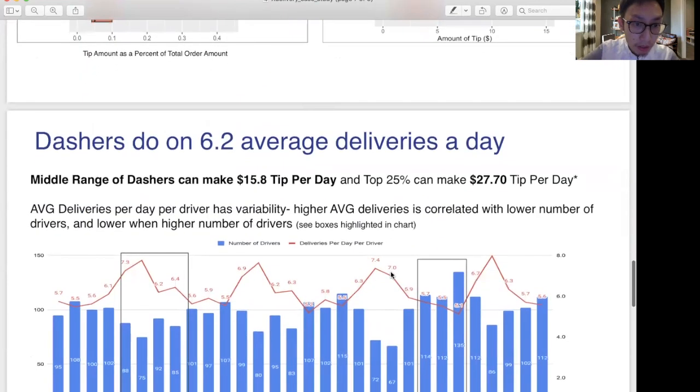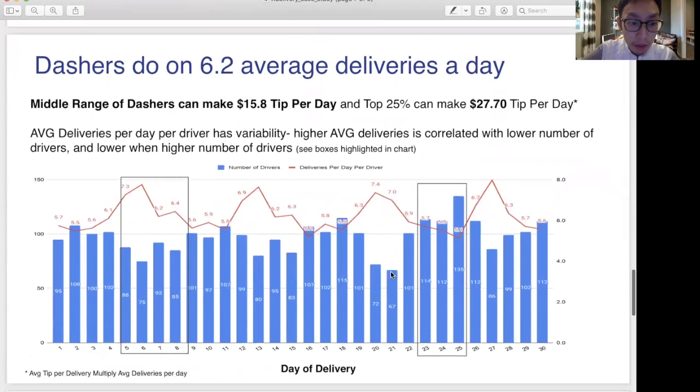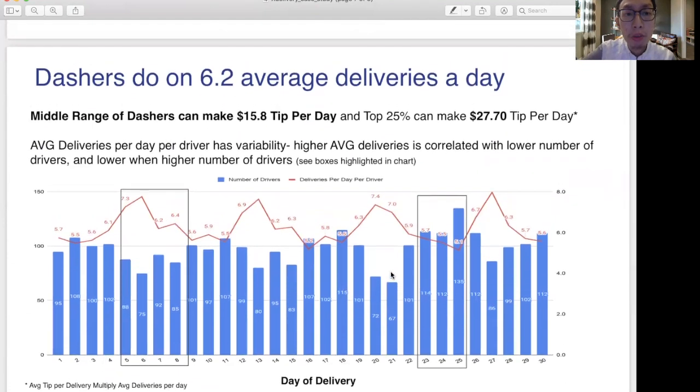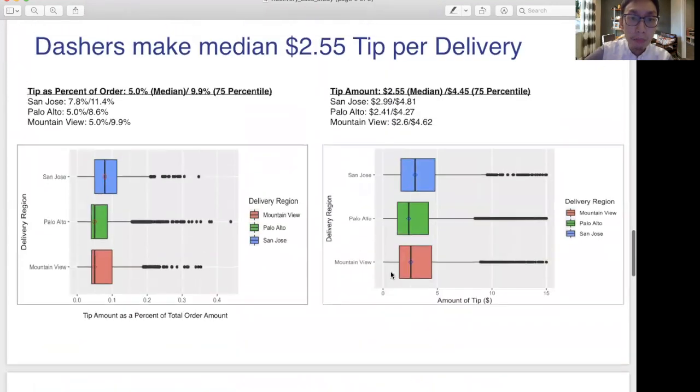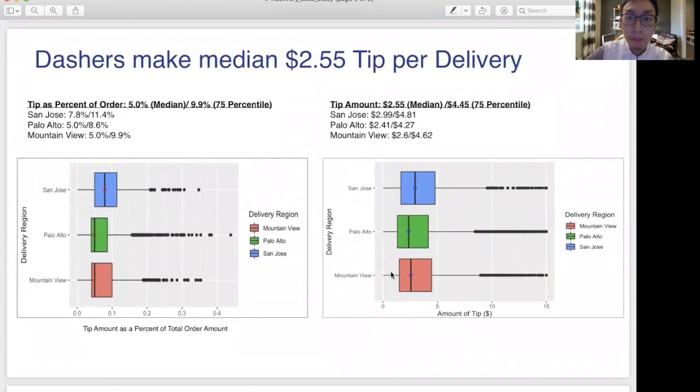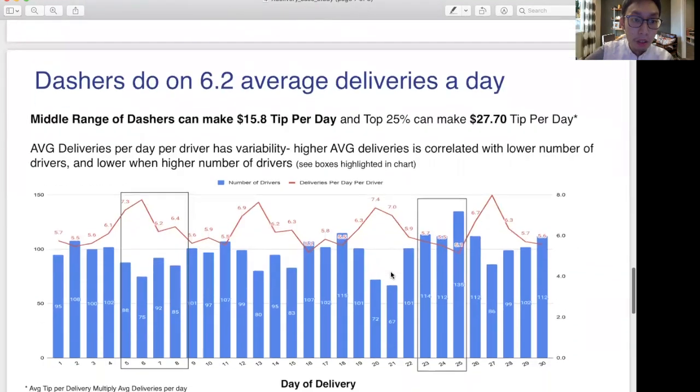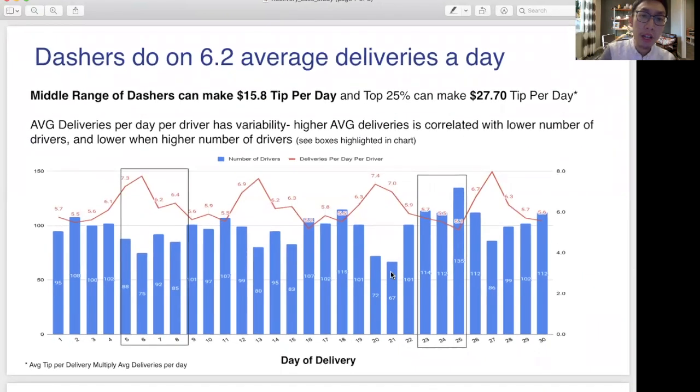So as we further go along, it's more metrics around how we look at the drivers themselves. We know in the previous slide they get tipped about 255 per delivery. Then we're interested in really understanding how many deliveries they are doing on a daily basis, right?